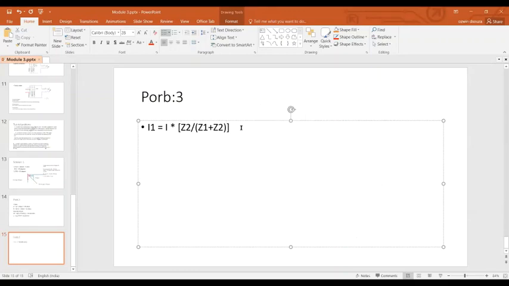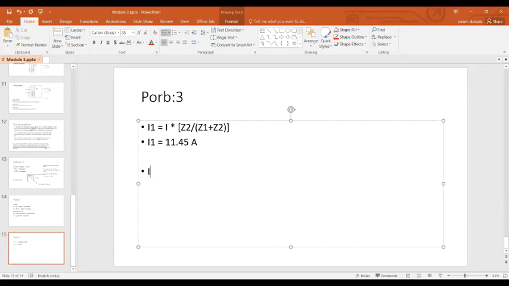That will give me I1. So I1 is equal to 11.45 amperes. Okay, there is an angular part also.